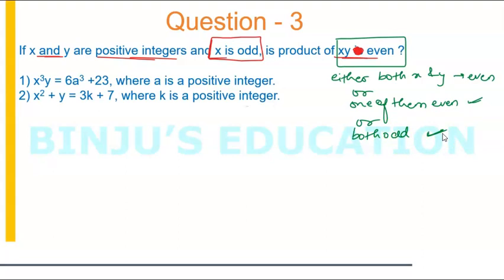Now it's given to me that X is odd, so I just need to figure out the nature of Y.